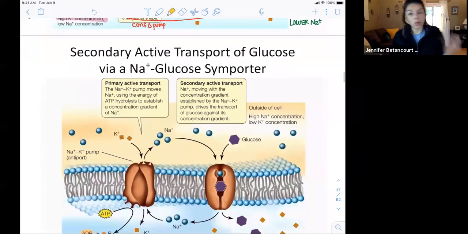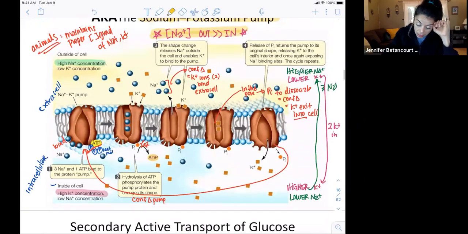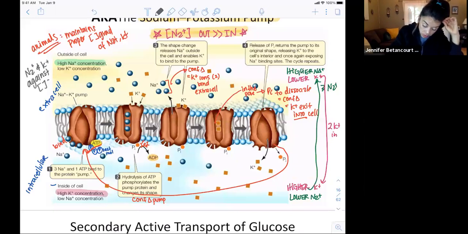Okay, so remember, this is all for glucose, all to transport glucose. The other thing I want to point out is that in both cases, both sodium and potassium ions were moved against their gradient. They both went from low to high regions.